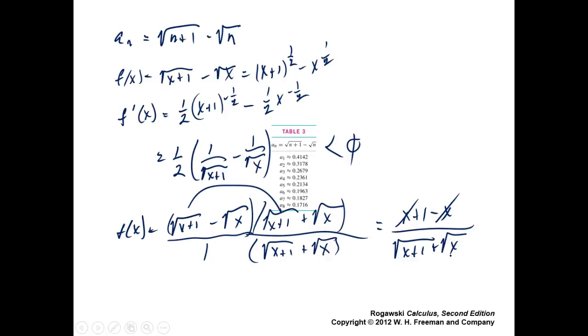Now, what does that tell you? This is your f of x, and it can be written in that form. And if you go backwards and rewrite that as your a sub n, because this f of x was your a sub n, a sub n would then be 1 over the square root of n plus 1 plus the square root of n.